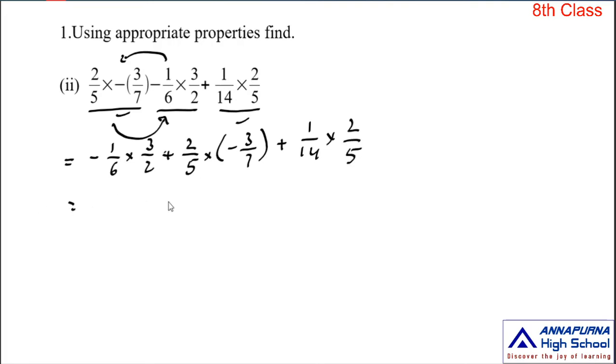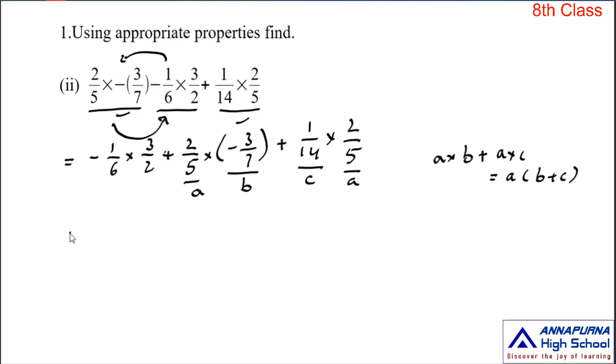So it is equal to, now these two terms come side by side, and 2 by 5 is the common factor, so let us take it as A, and the remaining factors you can take as B and C. Now it is in the form of A into B plus A into C. It is equal to A into (B plus C), the distributive property of multiplication over addition.